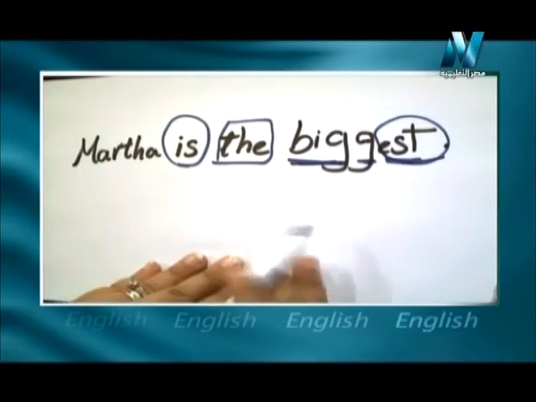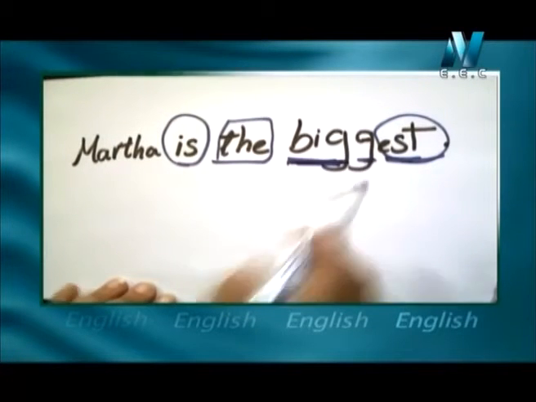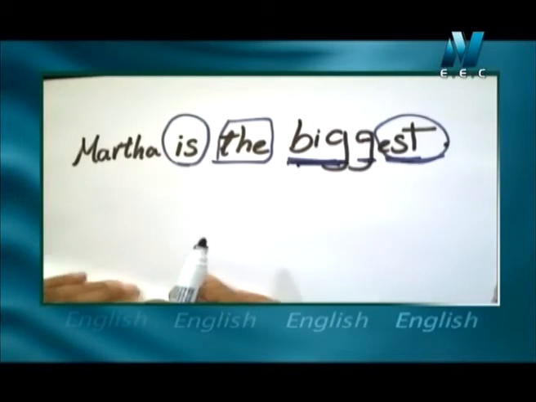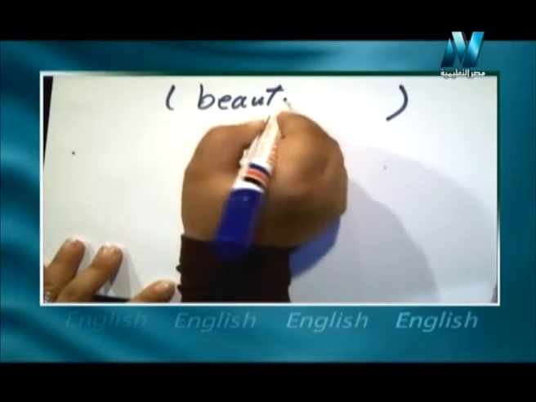Okay. طيب, when this adjective is long, what's the form? This is for the short adjective. If it is long, I will make this form. For example, I have the word beautiful.